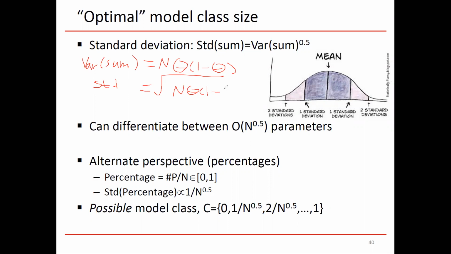Now, temporarily, we can put aside the theta times 1 minus theta. It's a constant. Let's focus on the standard deviation being proportional to the square root of n. So now, if you think about what's happening, we have a true probability theta, okay? Theta is going to be the middle of our distribution. The horizontal axis is the empirical distribution.